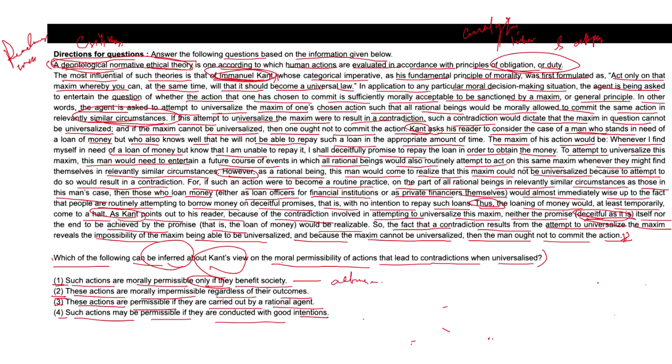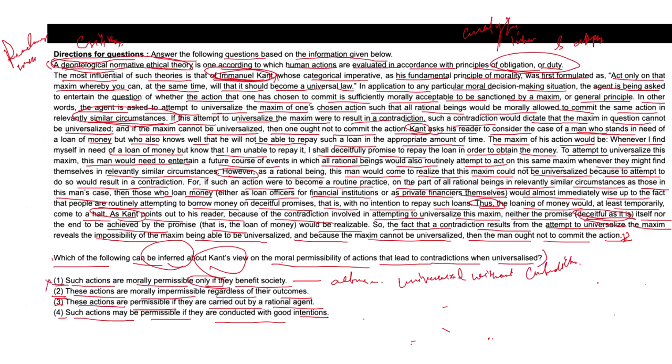Kant's view is not based on whether an action benefits society, but on whether it can be universalized without contradiction. So in that case, the first option is not appropriately inferred.